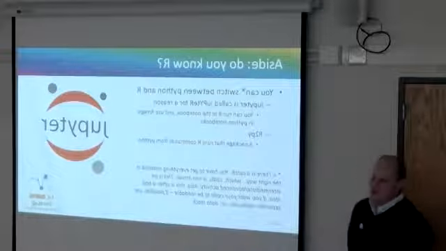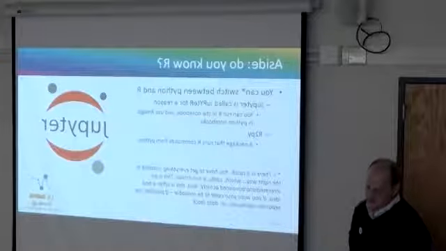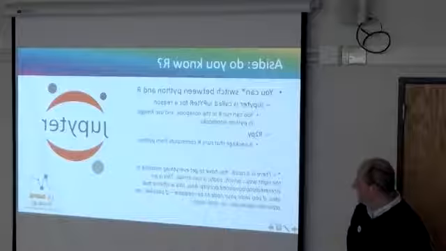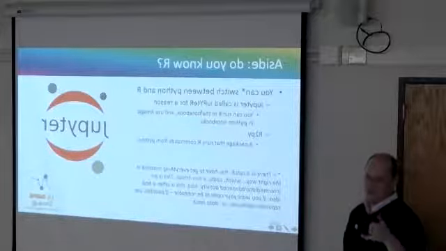As a side note, if you know R, the Jupyter Notebook, which we're going to be using today, is called Jupyter because it's supposed to be for Julia, Python, and R. You can run R in the notebook, and you can actually use R magic in Python notebooks. And in theory, you can switch back and forth between them.